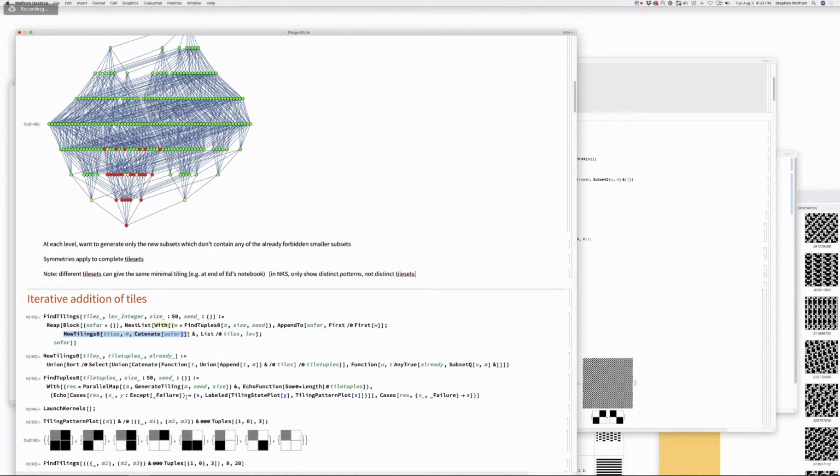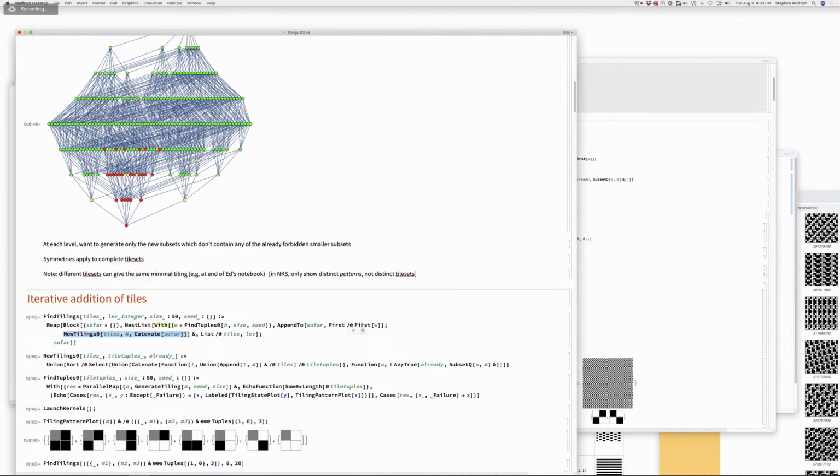Okay, so what this is doing is it's trying to do a tiling here. For each of tile tuples, this is trying to generate a tiling. Either it finds a tiling or it's a failure, right? If it's a failure, so in the end, new tiling 0, find tuples, yes.